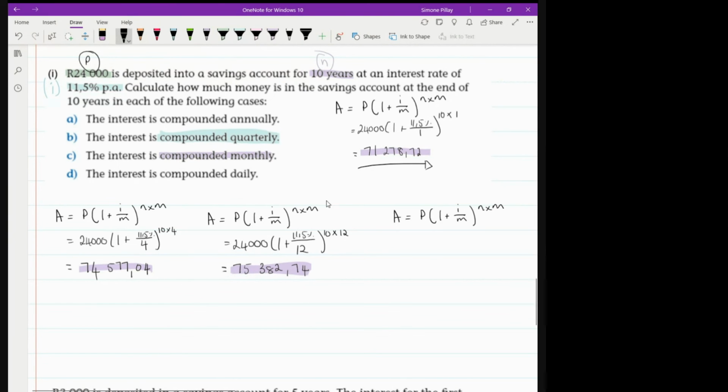And lastly, to end off our lesson, let us look at the last one when we compound it daily. When I compound it daily, my m should be what? 100% Narisha, it is 365. My n is going to be 10 times 365. And what answer are we getting here?